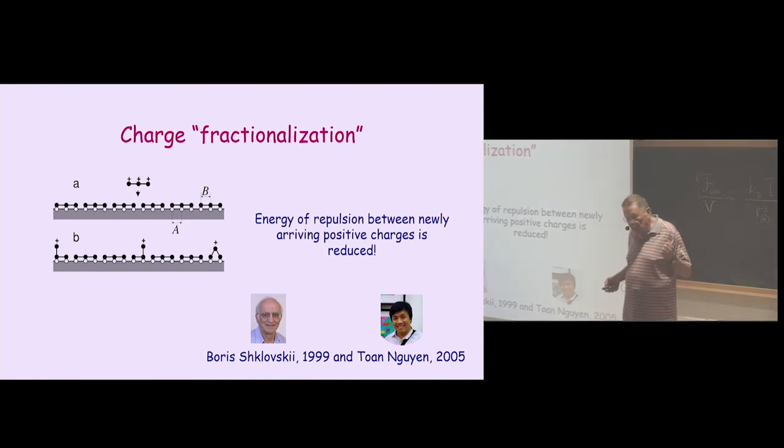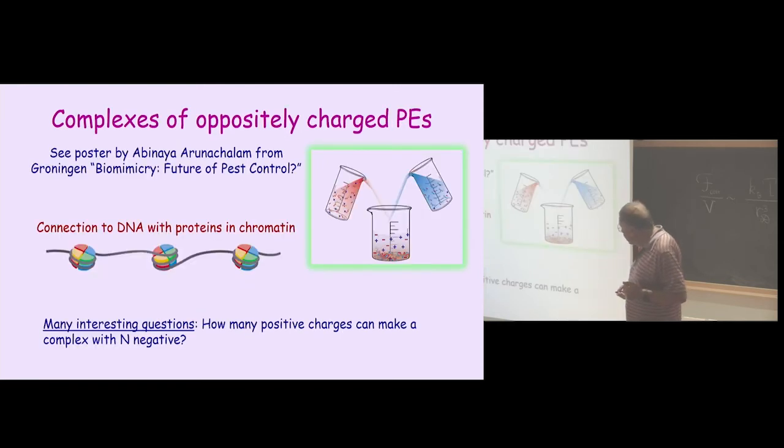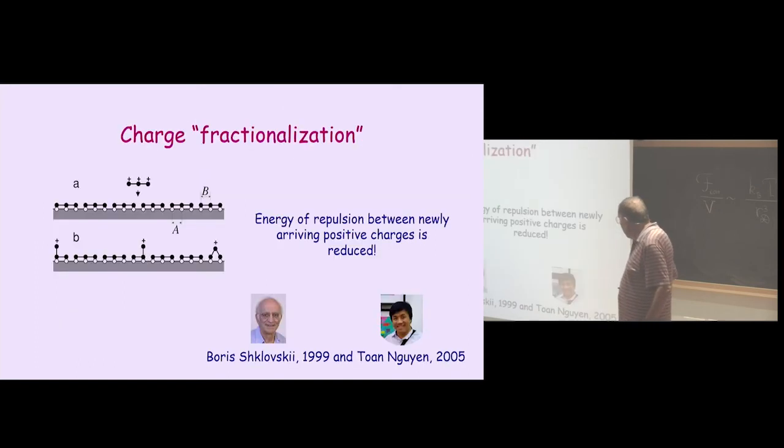So it is an interesting question how much extra charge you can put there. But you can put extra charge. So when you think about a complex of DNA with nucleosomes, it's not necessarily neutral. There might be charge imbalance one way or the other.